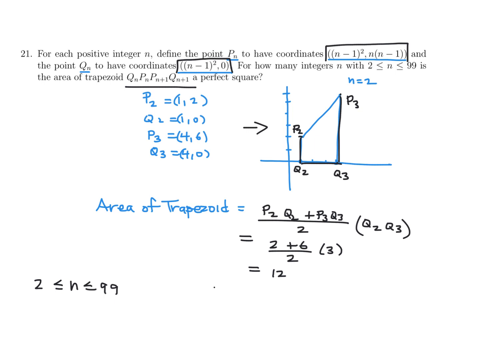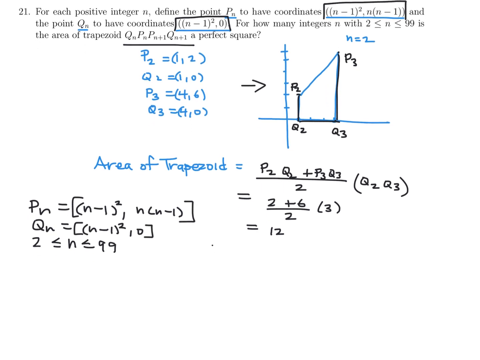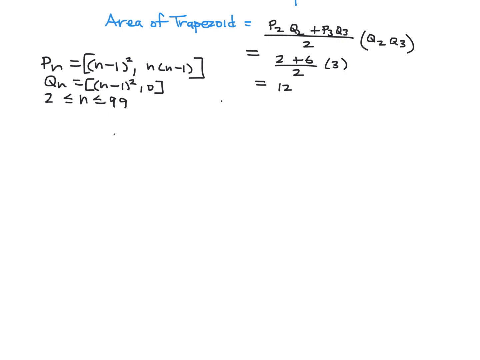Okay, and then these are the formulas. So Pn is (n minus 1 squared, n times n minus 1), and then Qn is (n minus 1 squared, 0). Okay, let's do it. So again, this time area, but now we're going to be using the n's. I think this is perfectly valid. We can keep that constant.